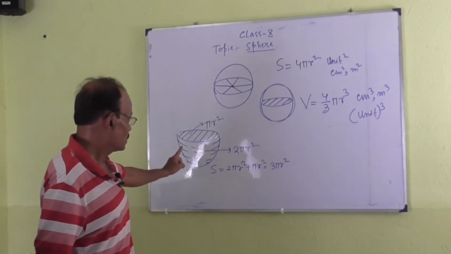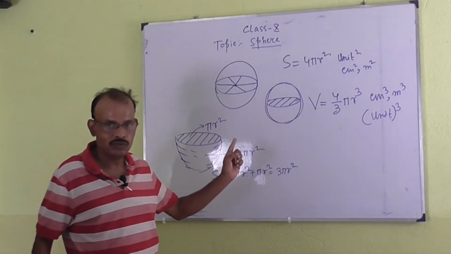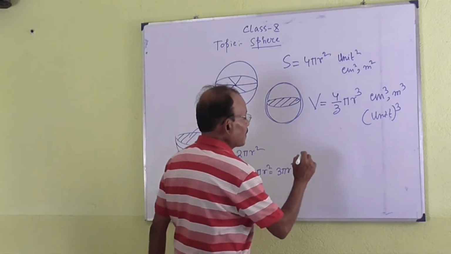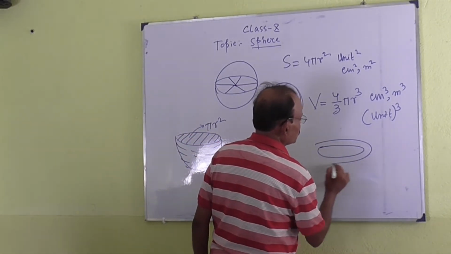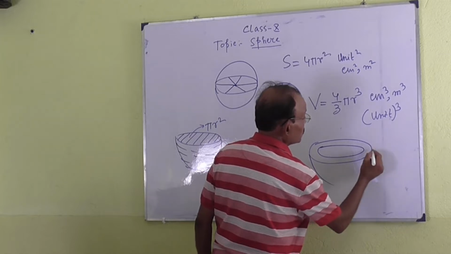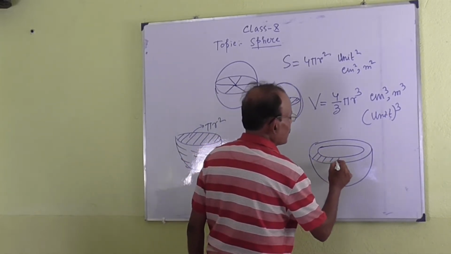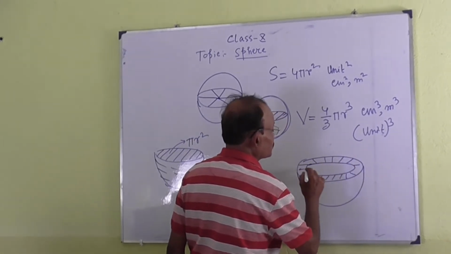So, we give some examples about this topic. Next, if we draw a ball like this, this is the section. Understand?